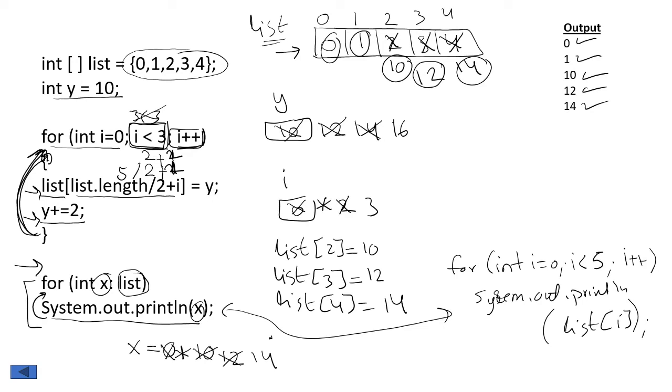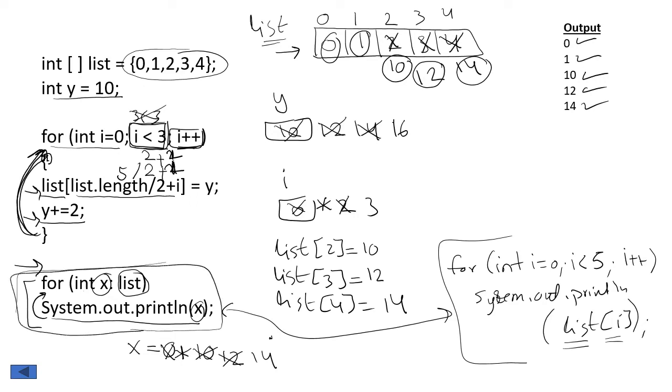If you are using a for integer x colon list, it means go for each value, save it in x, and then do the output of x. In this for loop, it says start from the beginning, go to the element, and then just go to this bracket. Usually these statements are used for output.